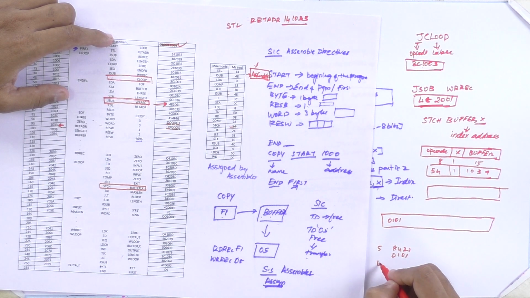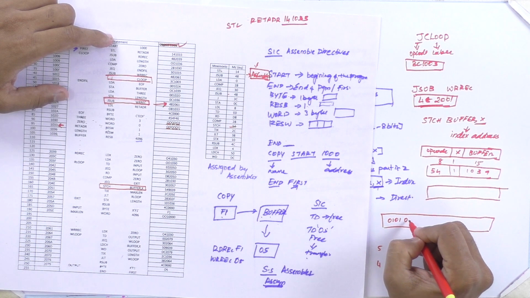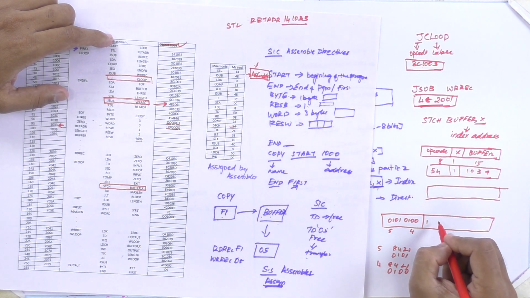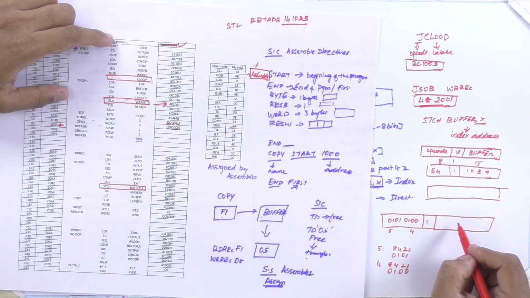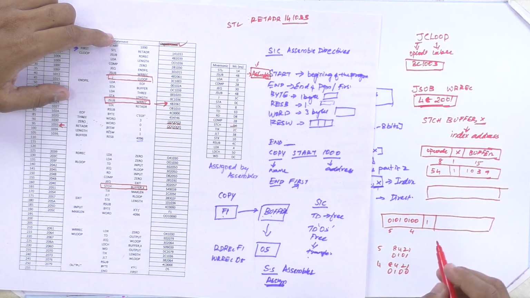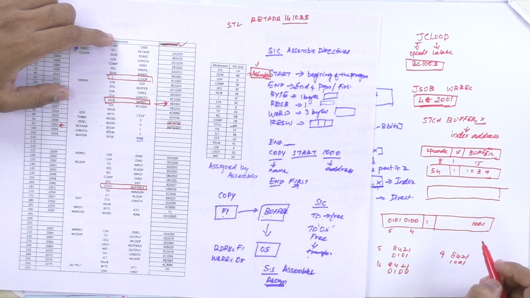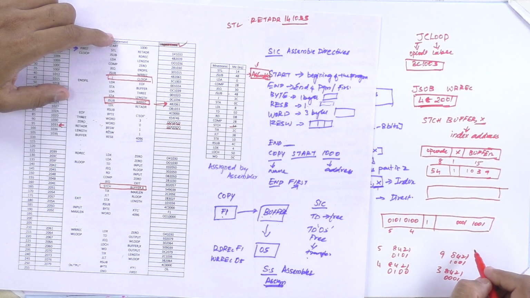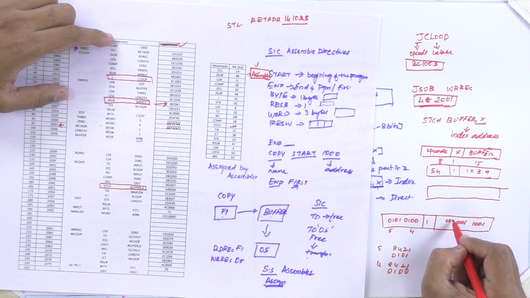And 4 is 0100. Then X is 1, and then 1039. First we represent the last digit. 9 in the 8421 method is 1001. 3 is 0011, shown as 0001 after adjustment, and 0 is represented as 000.